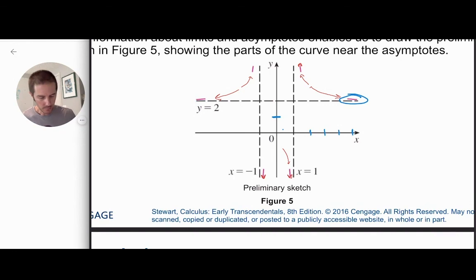Is it possible that this curve could actually come down here like this, cross the horizontal asymptote, and then come up along the horizontal asymptote and sort of be skimming along the bottom of it, approaching 1.9999999 as a y value? Is it possible? Well, it's possible.